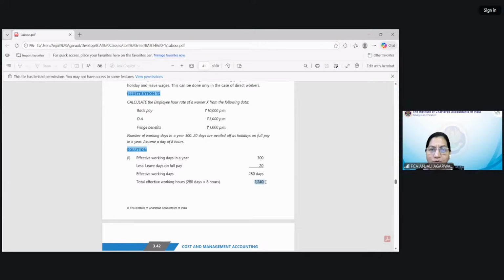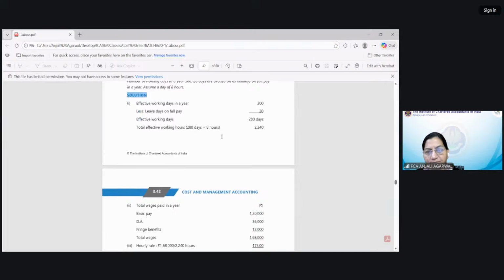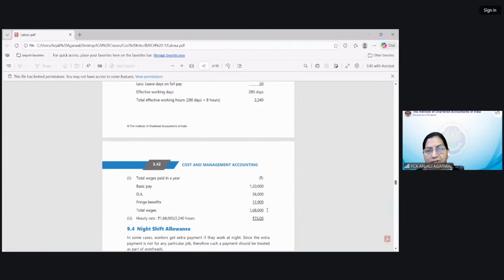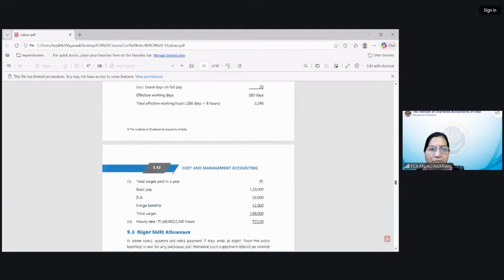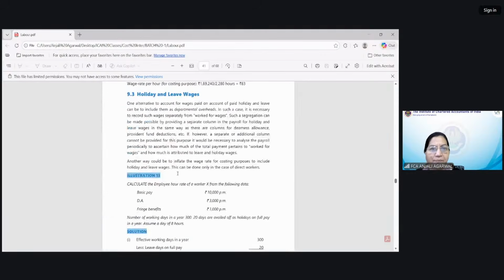So 2,240 hours is what you have worked, but you have been paid for the full 300 days. 14,000 per month, 14,000 into 12. 1,68,000 divided by 2,240 will give you the effective hourly rate. Similarly, you will be paid for the night shift. Night shift payments can also be extra.